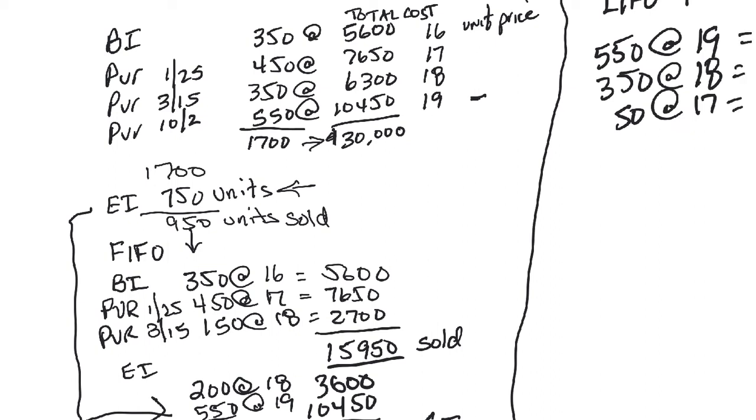So all we're doing is figuring out which ones we sold. $10,450 here. $6,300 here. $850 here.